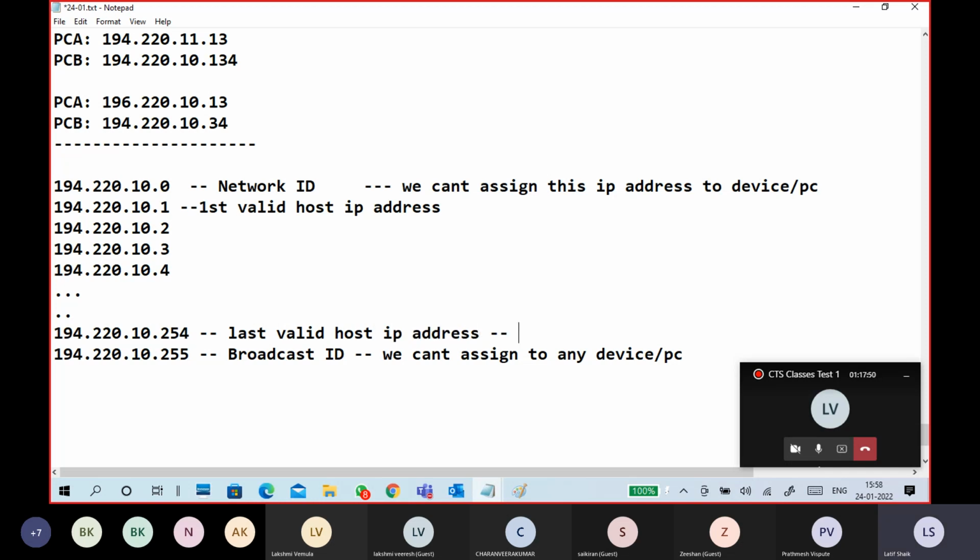It means we can assign it to devices or PCs attached. So here also we can assign this IP address to any device.